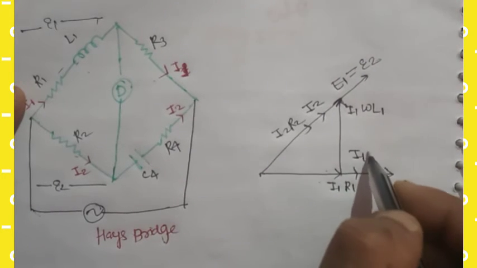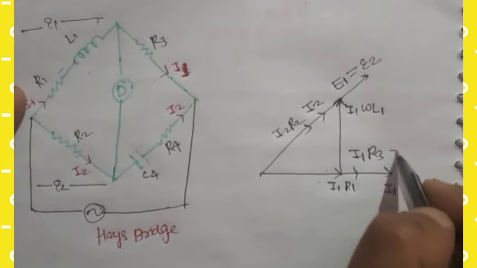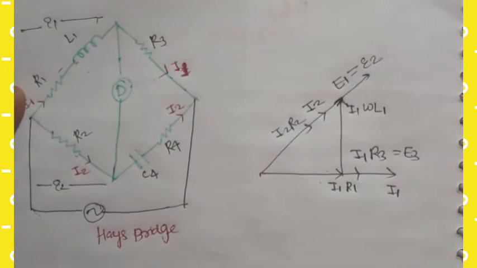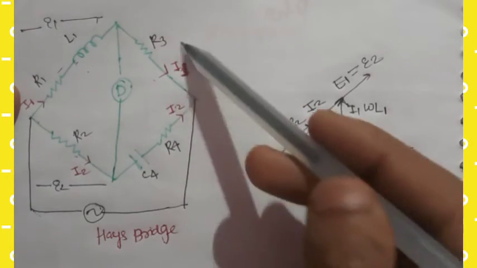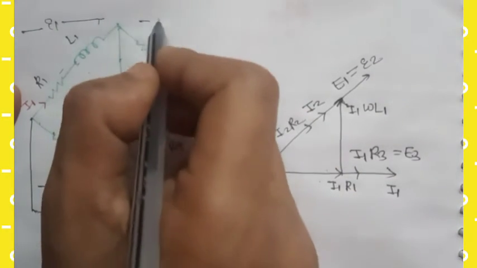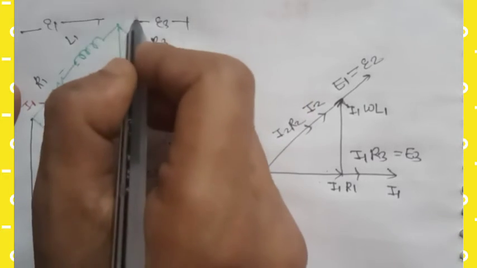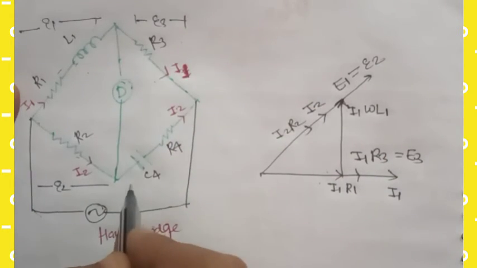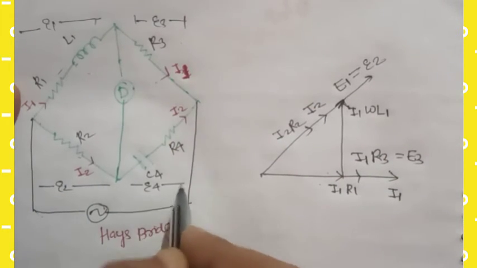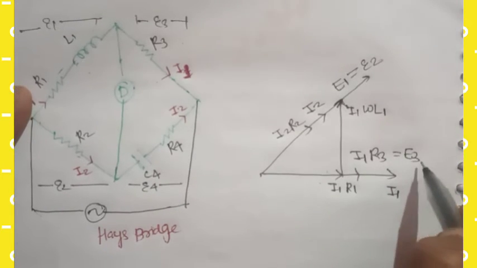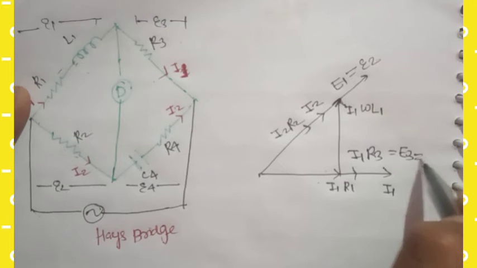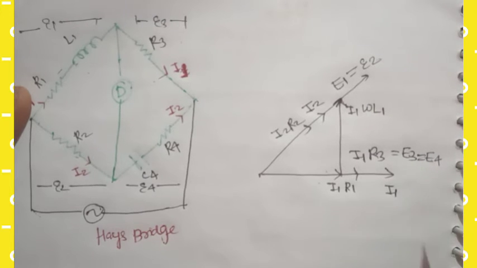I1 R3 is E3, and we should also know that E3 is equal to E4. So here E3 will be equal to E4.